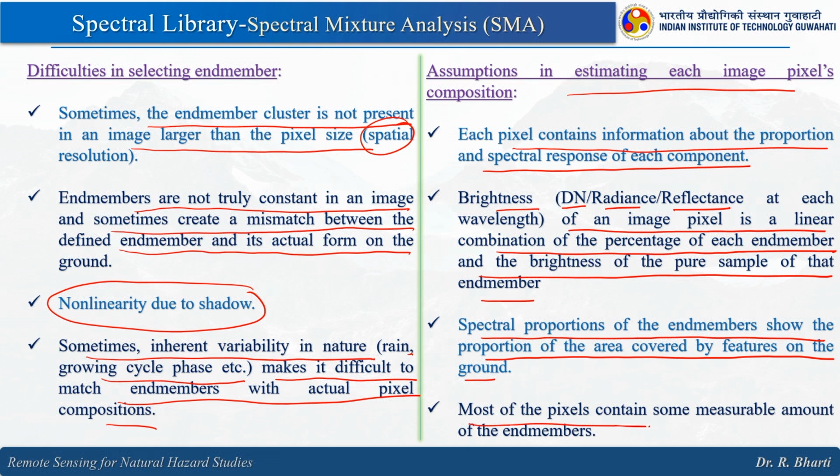Most of the pixel contains some measurable amount of the end member. So, these end members are not very easy to identify, because in nature one pixel what we are capturing from the space in 30-meter spatial resolution or 90-meter or 1 kilometer spatial resolution, it will be very hard for us to identify a single material present within the field of view.